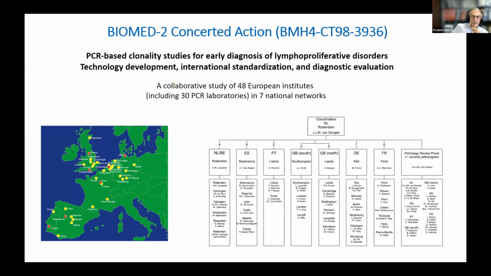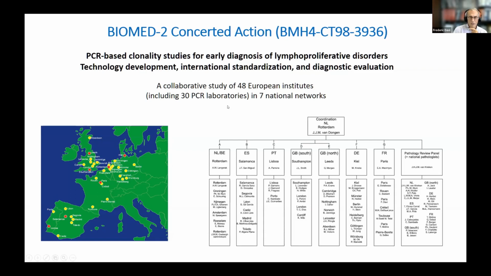So at the end of the 90s, there was a project which was called the Biomed-2. It was financed by Europe, one of these Biomed-2 concerted actions, which had the goal of standardizing PCR-based studies for diagnostic of clonality in lymphoid proliferations.